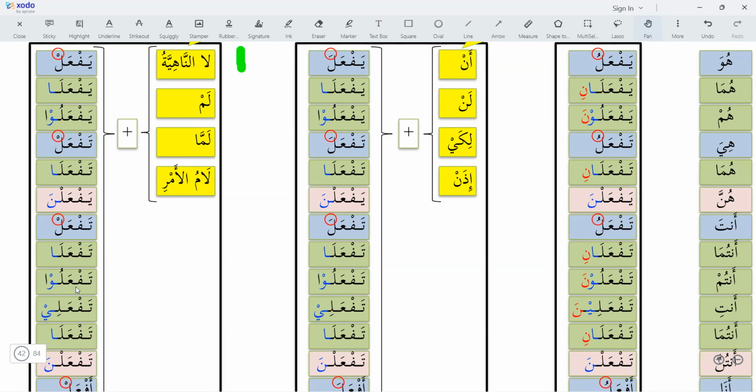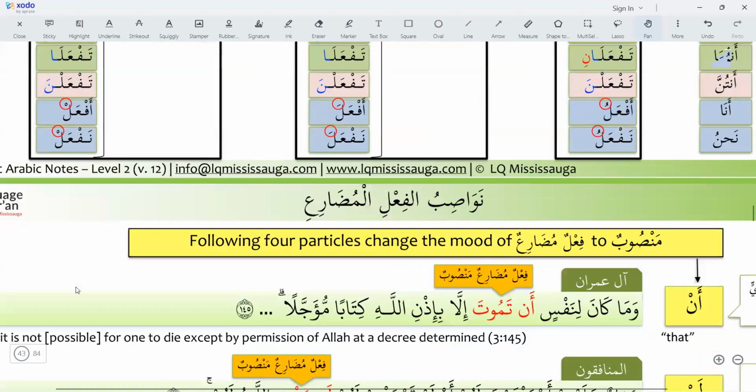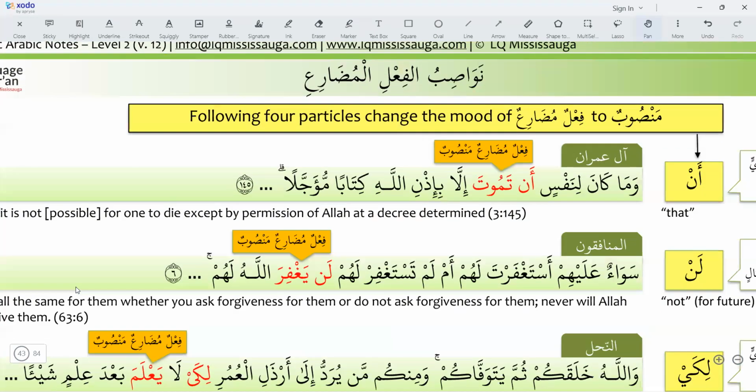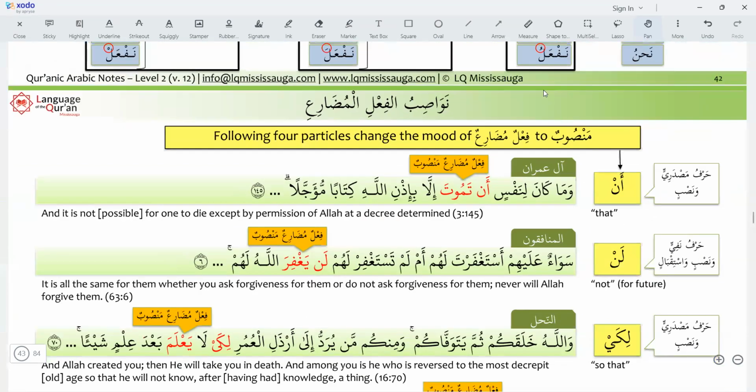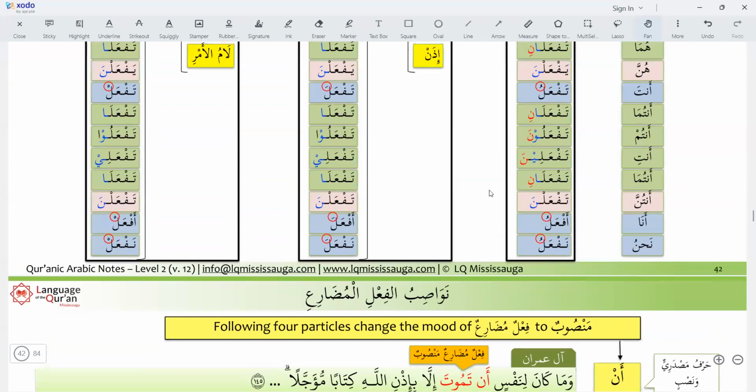So is the concept clear? Clear, sir. Okay. Sir, yaf'alna and taf'alna are also called noon niswa, and the other noon is called noon Arabi. Is it so?